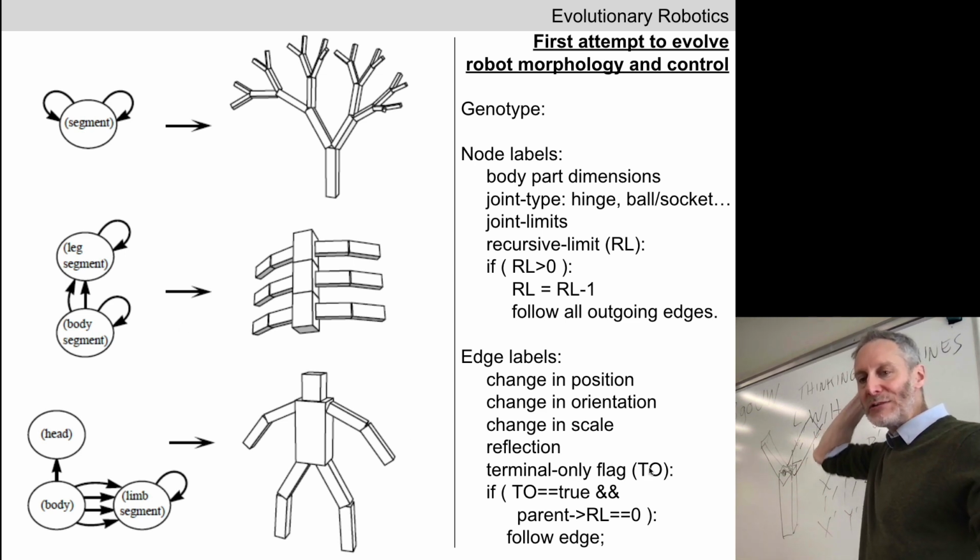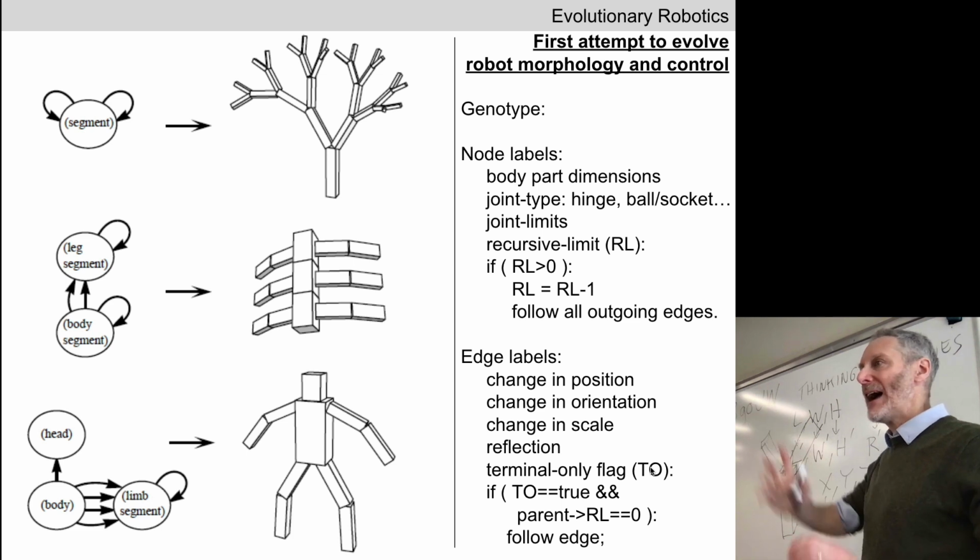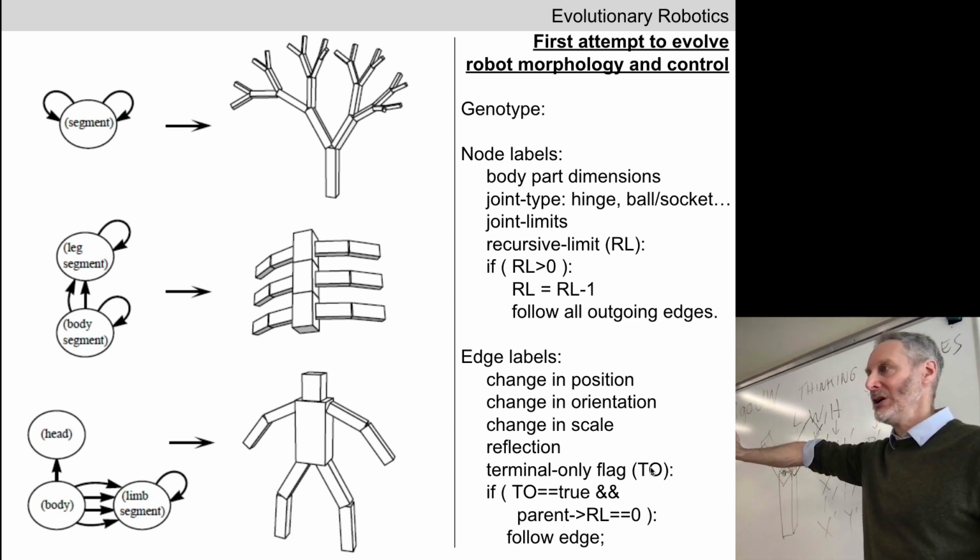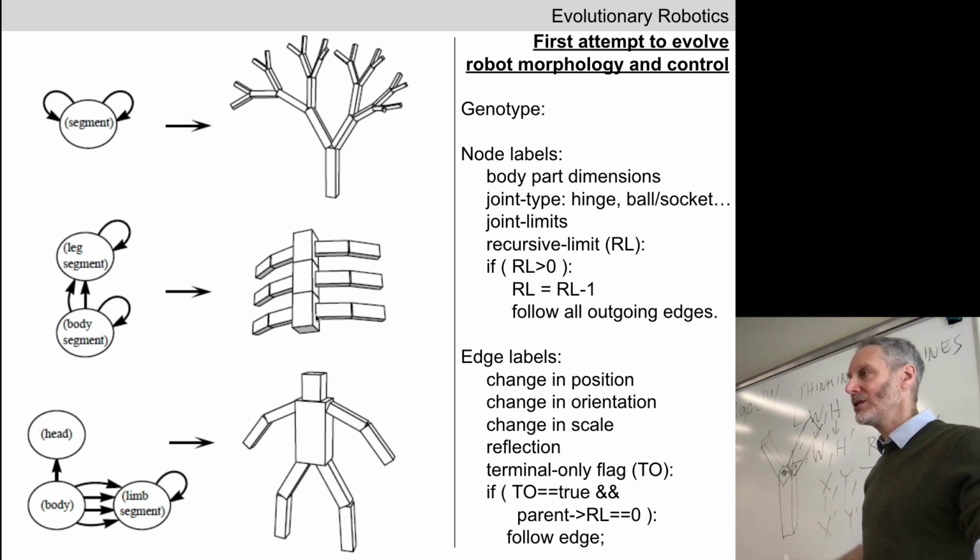So if the terminal only flag is set to 1, that's the edge saying, stay away from me. Do not travel along me. Build whatever you need to build. And when you're sitting in a node and you're considering traversing along me, you're only allowed to traverse along me when the node's recursive limit is 0.